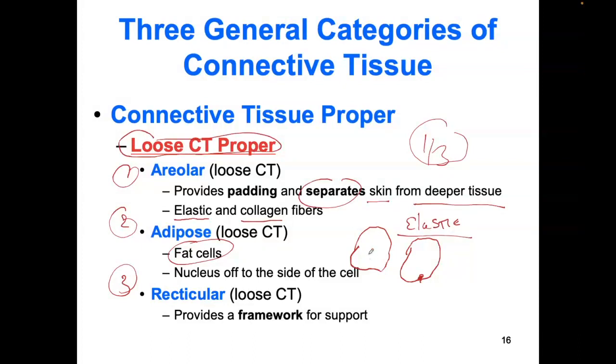The difference is a squamous cell, the nucleus is in the center, but in a fat cell, the nucleus is at the periphery. And the reason for this is that adipose or fat cells, they store toxins for us. They store toxins. So if the nucleus is in the middle, you'll kill the cell. So it hides the nucleus in the periphery.